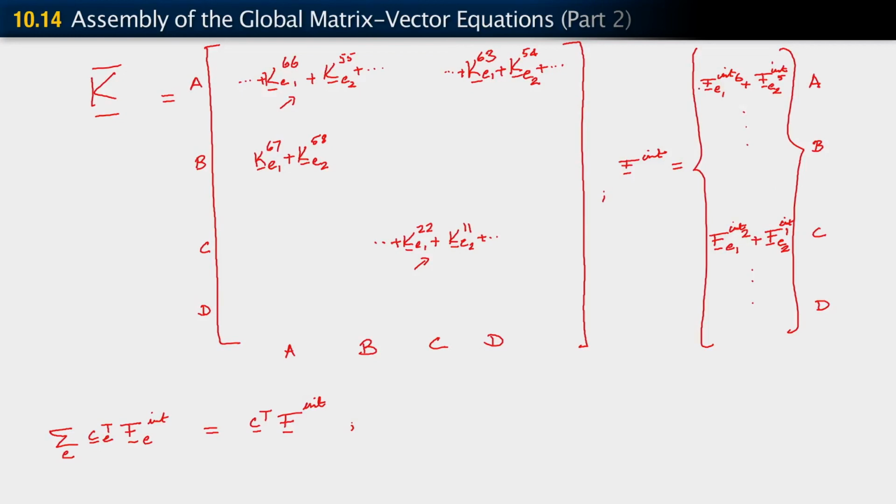And of course there could be more contributions here, because of the fact that there are more elements off to the side. So all of those contributions would go into those entries for global nodes A and C.